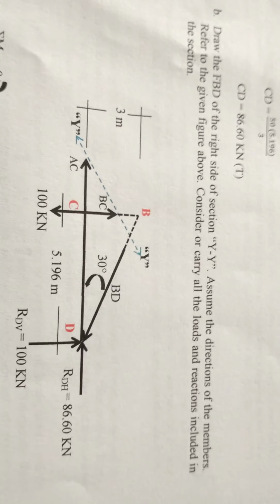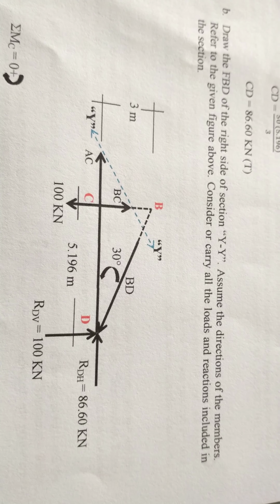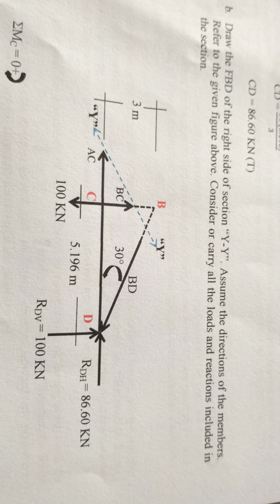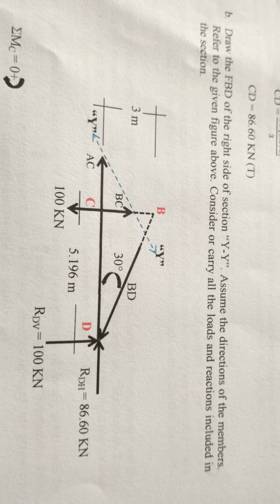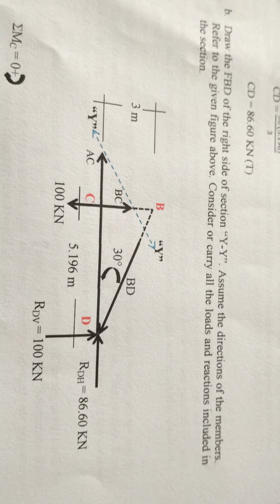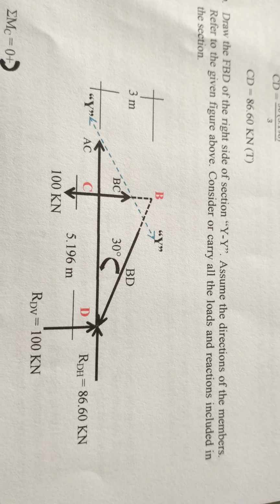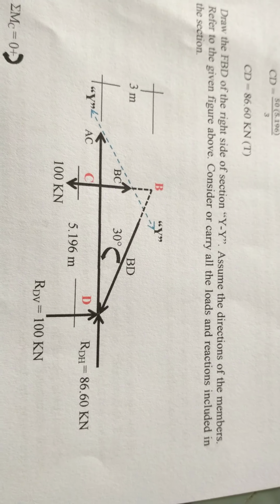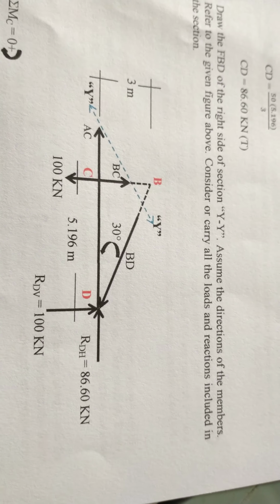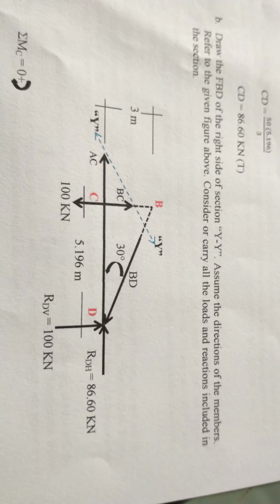Next step is to draw the FBD of the right side of section YY. Assume the direction of the members. Refer to the given figure above, then carry all the loads and reactions included in the section. Just follow what we did in the previous section, section ZZ.